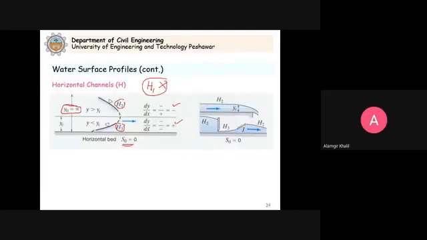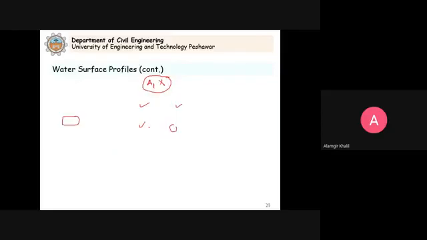Before we discuss that, examples of water surface profiles which are given in your textbook. The M1 curve, I already explained this: you have normal flow in the channel, this is the original water surface.